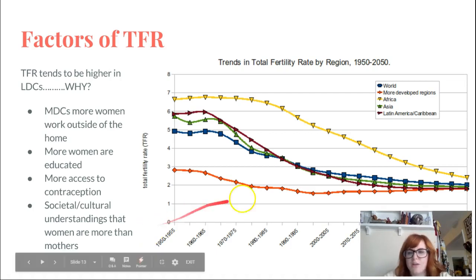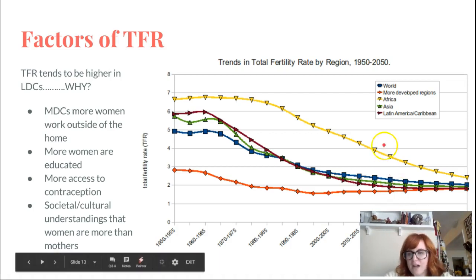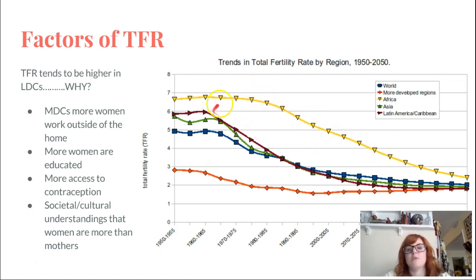So this chart shows you really well, okay? From 1950 to 2045, so again, we're making predictions, right? Africa has the highest total fertility rate. Positively, though, it's a good thing that it is going down.